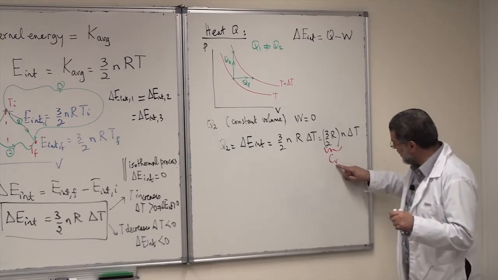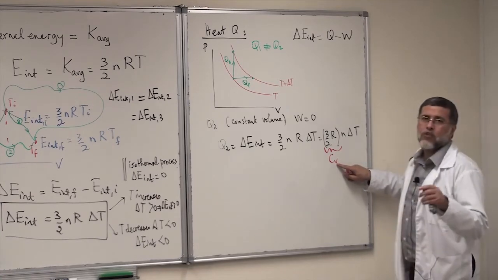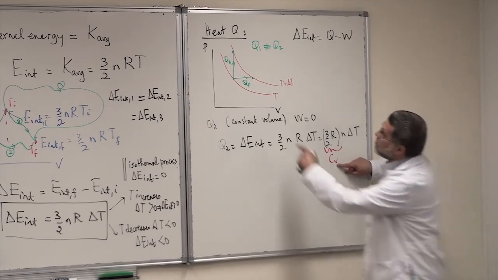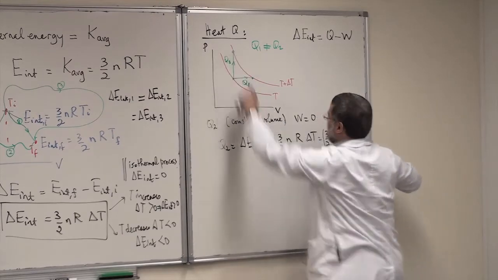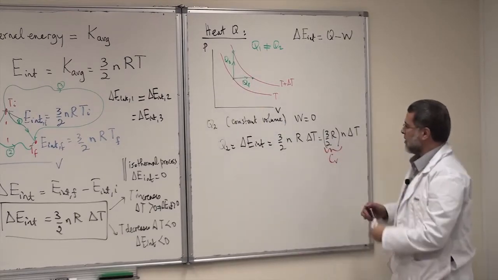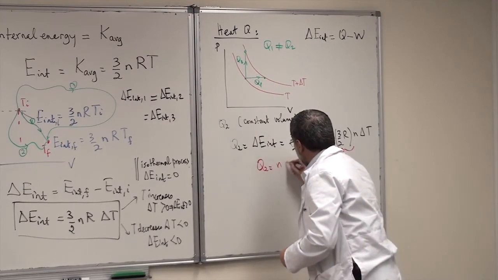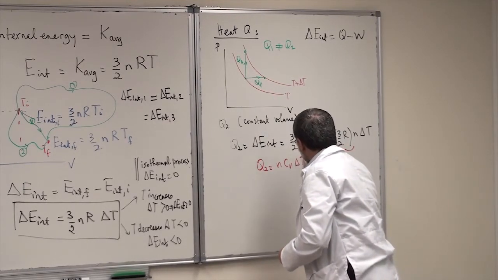I'm going to put V here, CV, to distinguish it from the next C that we will see later, okay? Remember that we are doing a constant volume process, so we put V here, and N delta T. So this heat Q2, for that process, is N CV delta T, okay?